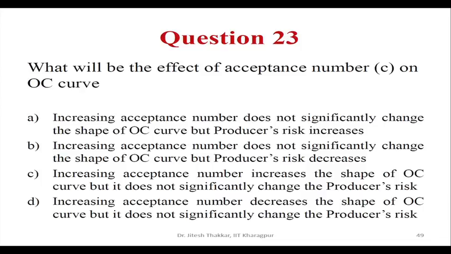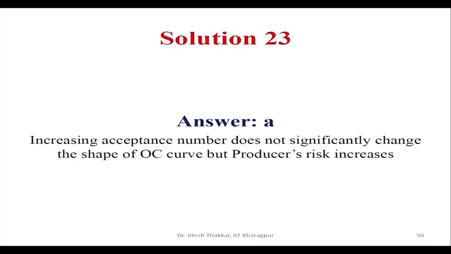You can look at the 4 options A, B, C and D, which explain the effect of increasing acceptance number on the OC curve and other factors. The correct answer is A. Increasing acceptance number does not significantly change the shape of the OC curve, but producer's risk increases.